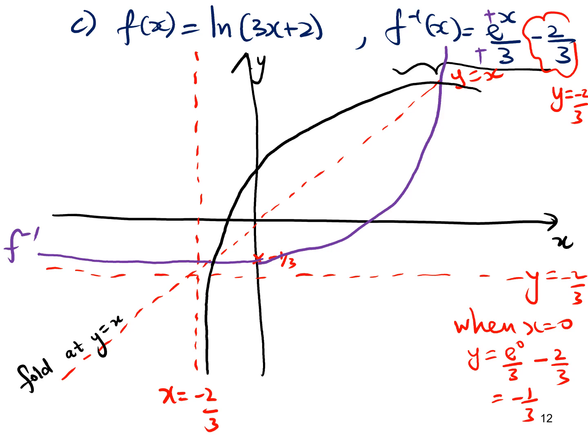Get this graph. It never touches x equals negative 2 over 3. So you intercept at y equals negative 2 over 3, and also here is the x-intercept at negative 1 over 3. So this is the graph for f and f inverse.